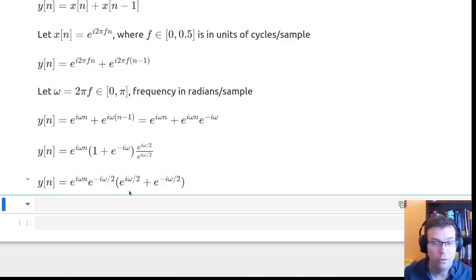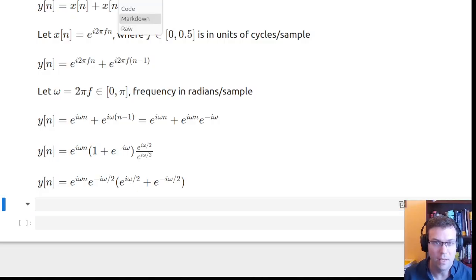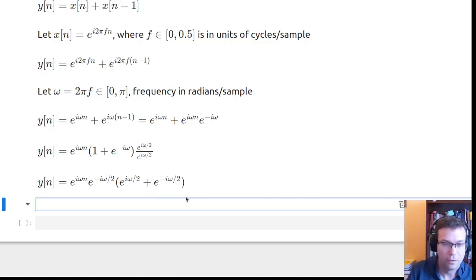But actually, I can use a trig identity here, which is that e to the ix plus e to the negative ix is equal to 2 times cosine of x. And that's actually just going back to Euler's formula.